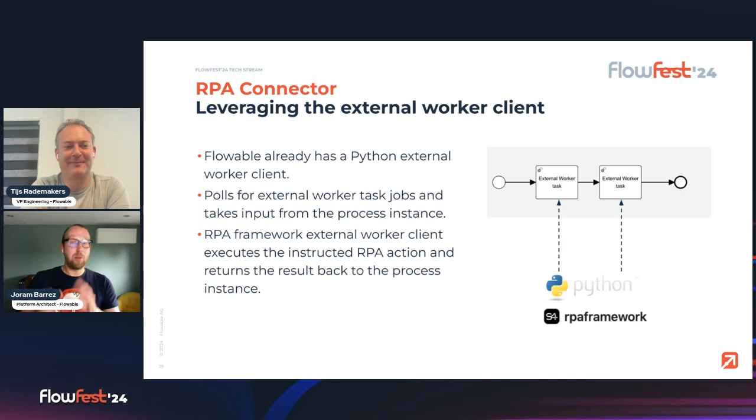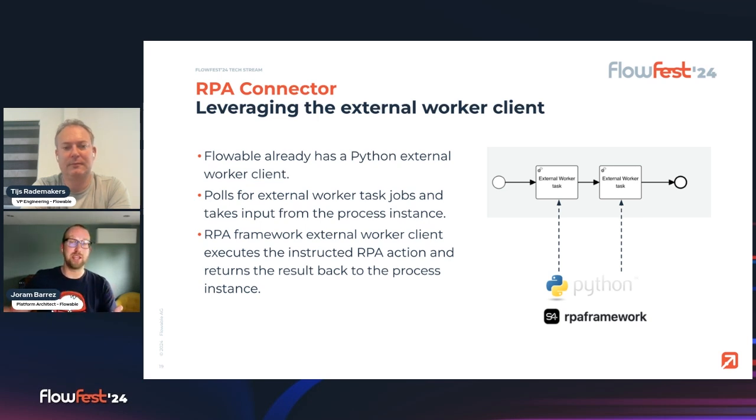So the RPA connector, and this is very important, Tijs talked about it before, is using the external worker. An external worker is a very powerful mechanism for process and case execution, because what it does is it pauses the execution at that point where you are, and then hands it off to an external service. Now, from a Flowable point of view, you just go into a wait state, meaning there is no resource being consumed.